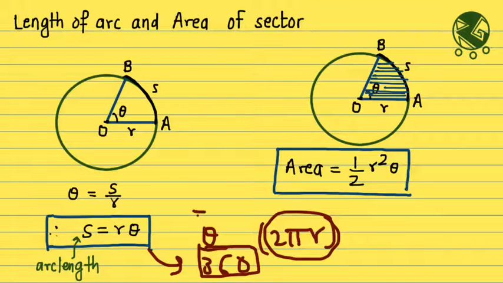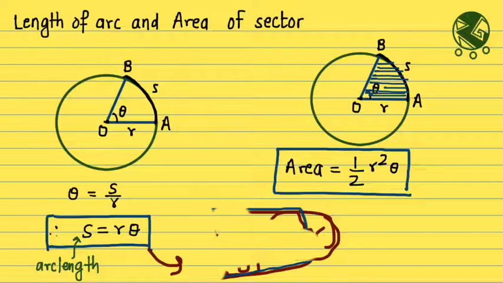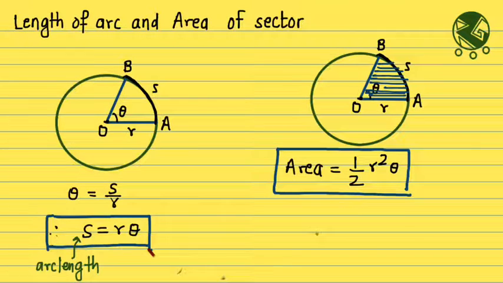But now this remaining portion, which is theta into 2 pi upon 360, is theta in radians, and that's how we have constructed these formulas. You can remember these formulas now because we will be using this often.